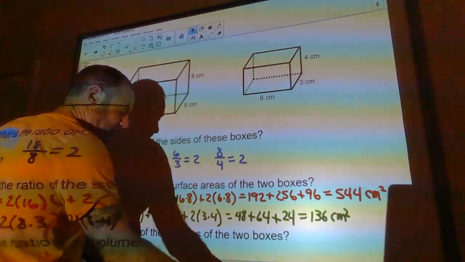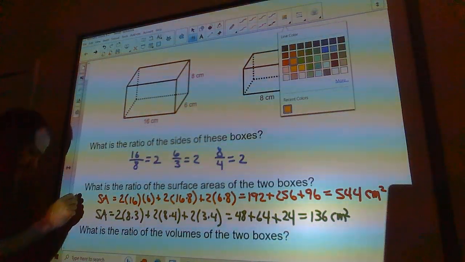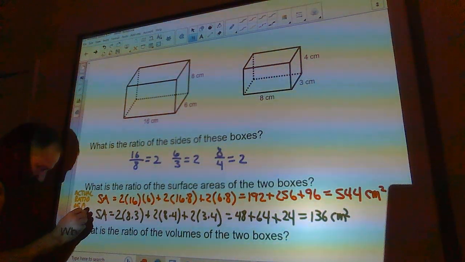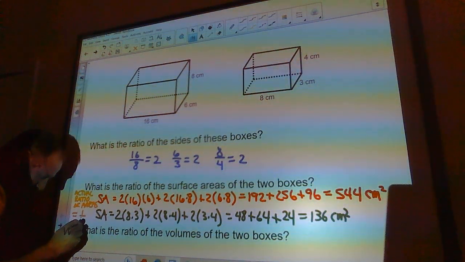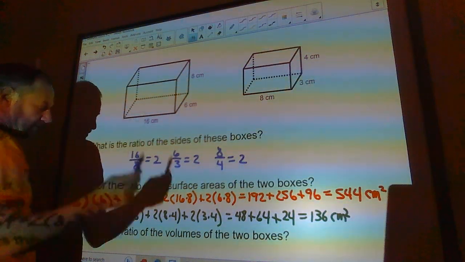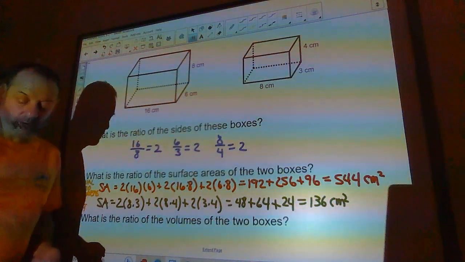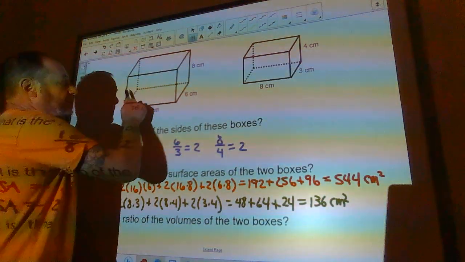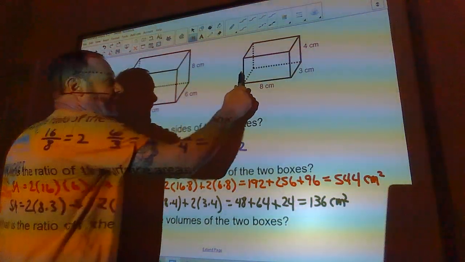Okay, so the actual ratio of the areas is actually 1 to 4. So this one is 1/4 the area of that. Now, why is that? Well, because when we took this and made it half as big, we didn't make it just half as big this way.